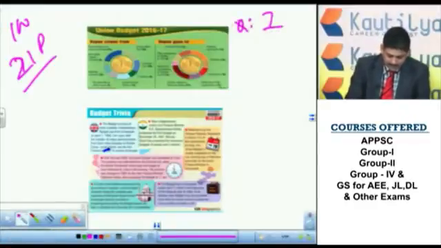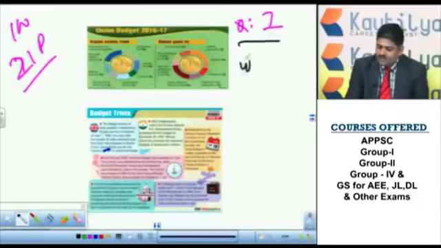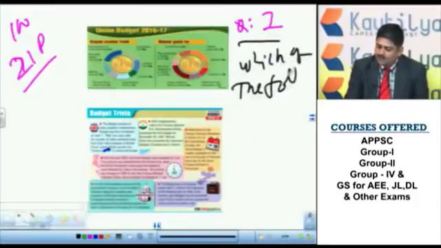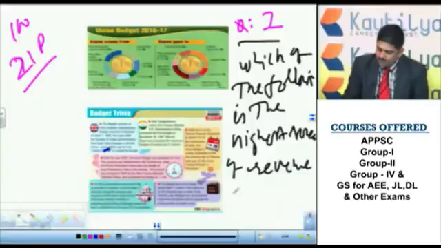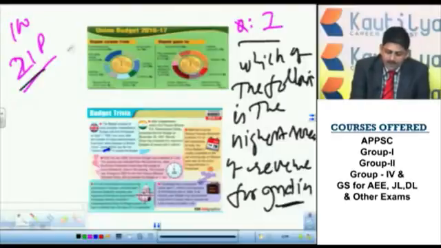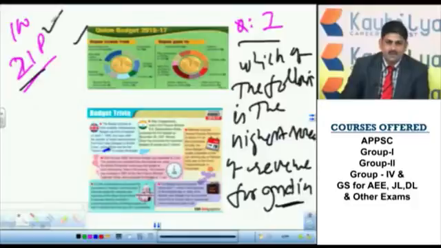They will ask like this: which of the following is the highest source of revenue for India? So where does it get the maximum amount? From borrowings. If you see this graph, borrowings is the highest one. So where India brings it from is immaterial.